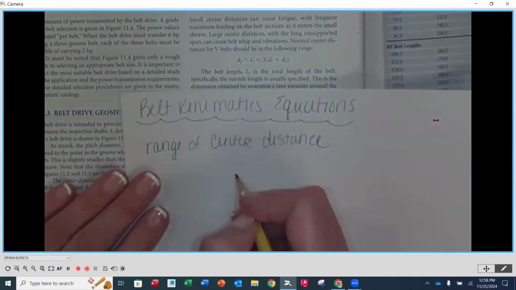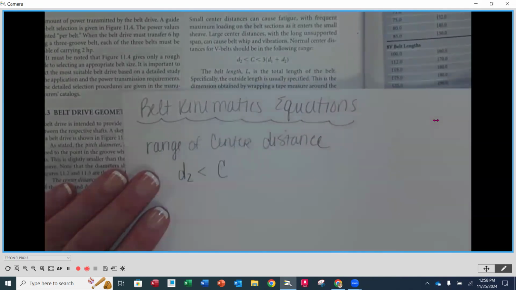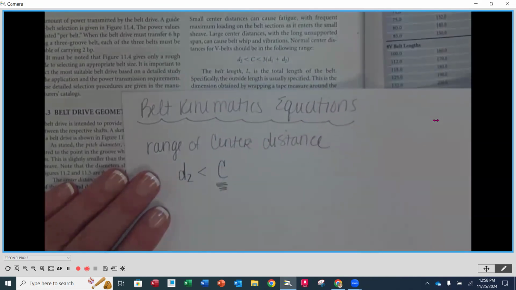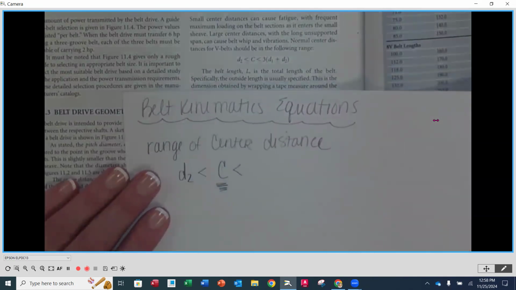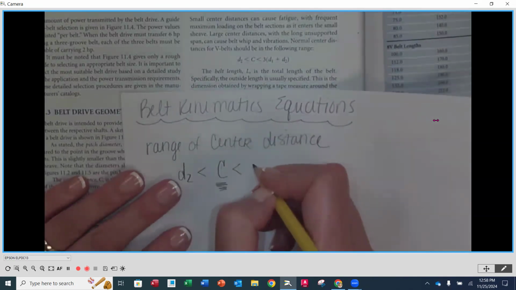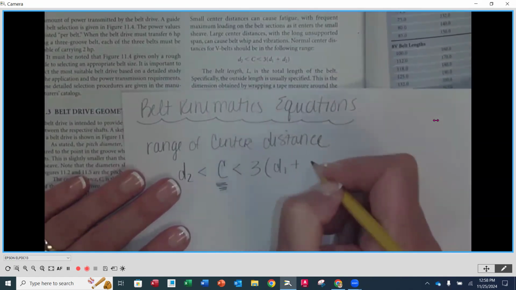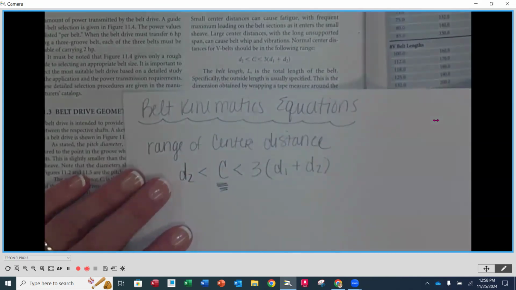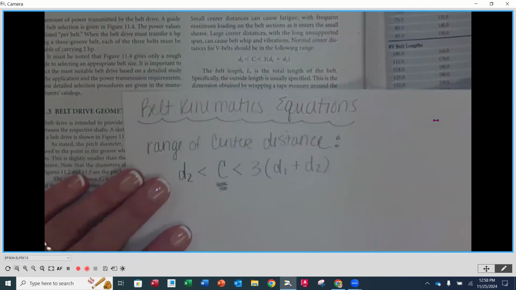Our center distance, that's this guy right here, has to be greater than the pitch diameter of our output sprocket, D2, and it has to be less than 3 times the pitch diameter of our input plus the pitch diameter of our output. So this is the range for which the center distance for our belts has to be.